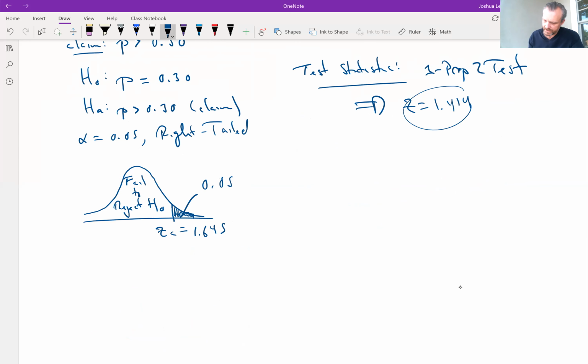So notice this Z is not in the rejection region. So we fail to reject the null. And if the null is not the claim and the claim is the alternative, then we have not supported this claim at all.